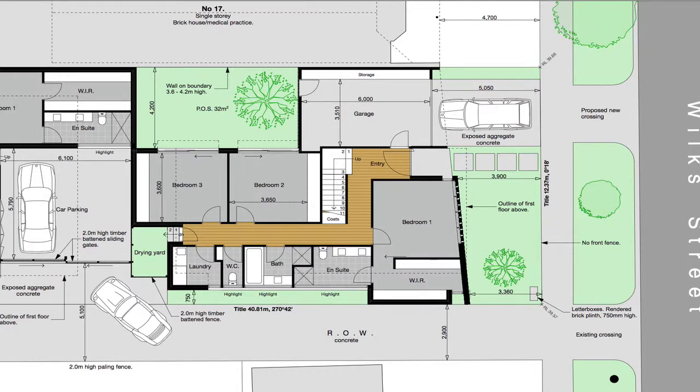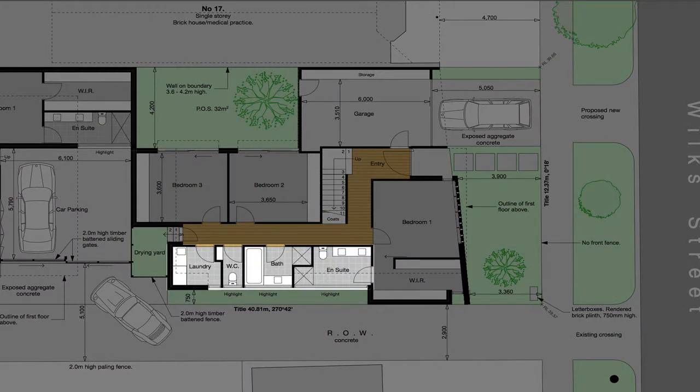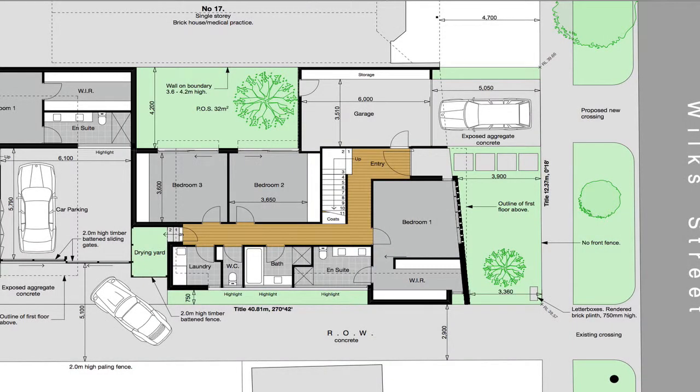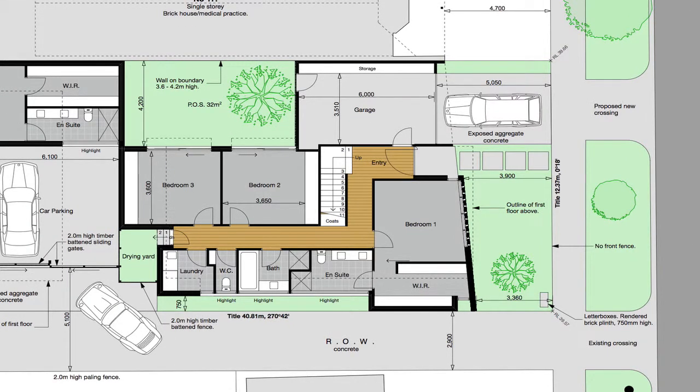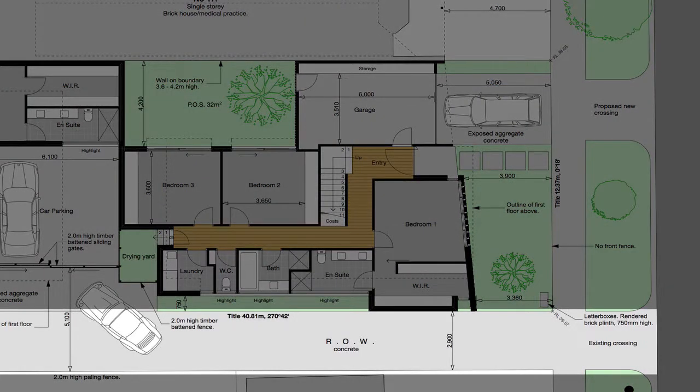Now, located down on the south side here is this bank of wet areas, that being the laundry, the toilet, bathroom and ensuite. I've strategically positioned these to this side because firstly they don't need any direct sunlight, and facing south they won't ever get any, but more so because they are a buffer to the driveway further to the south here.